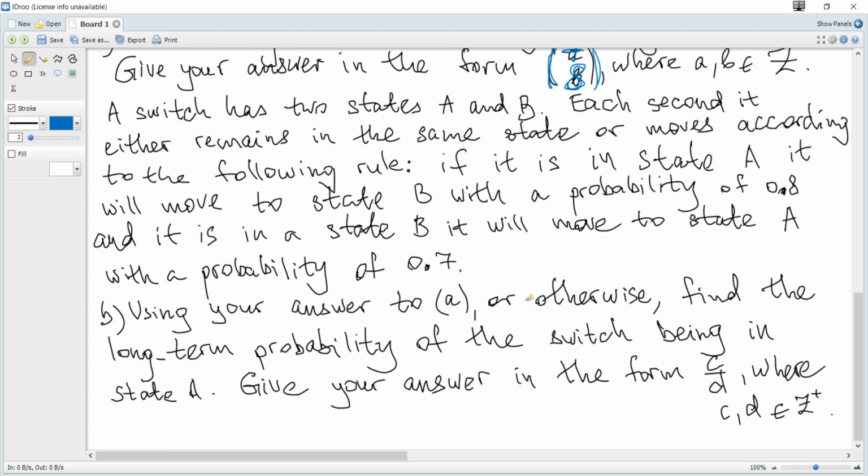Using your answer to A, or otherwise find the long-term probability of the switch being in state A, give your answer in the form C over D, where C, D are integers.